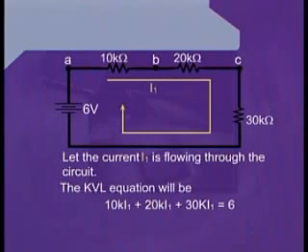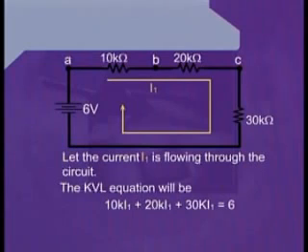Therefore we put plus 20 kI1. In this case also we have considered the current I1 passing through this resistance due to the reason which I have mentioned earlier. After writing 20 kI1, we pass to the point C.